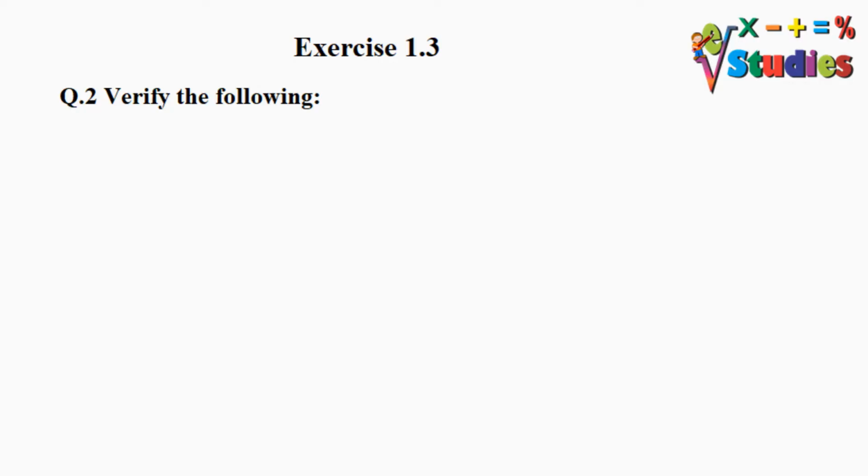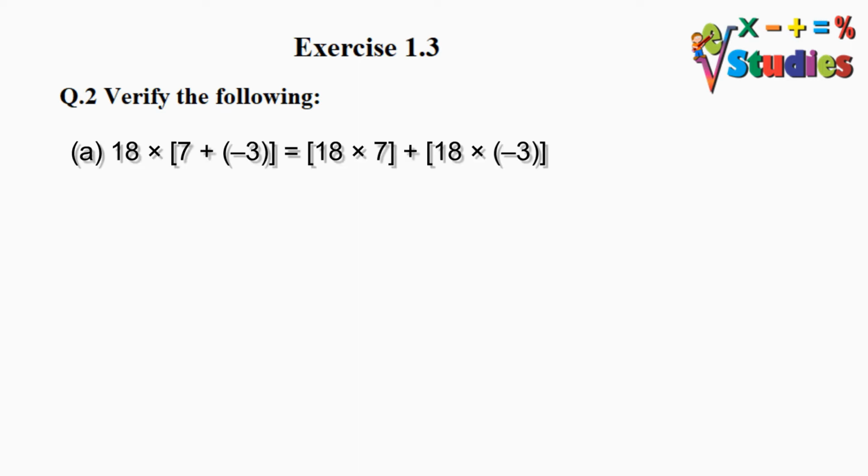Now let us do question number 2 of exercise 1.3. Here we have to verify the left hand side with the right hand side. Let's look at question number 2A. We have 18 multiplied by 7 plus negative 3 is equal to 18 multiplied by 7 plus 18 multiplied by negative 3.